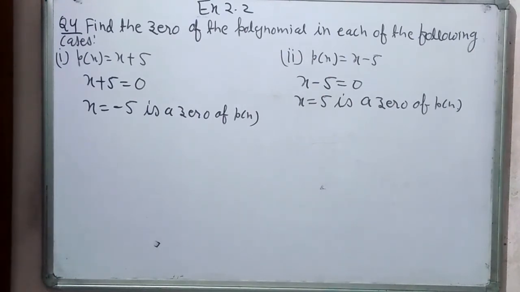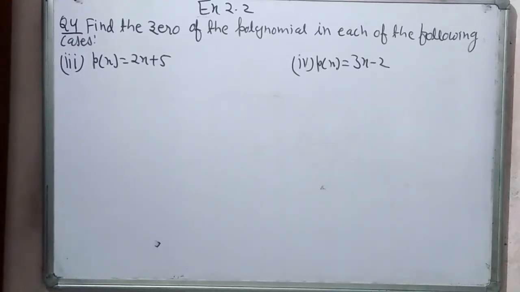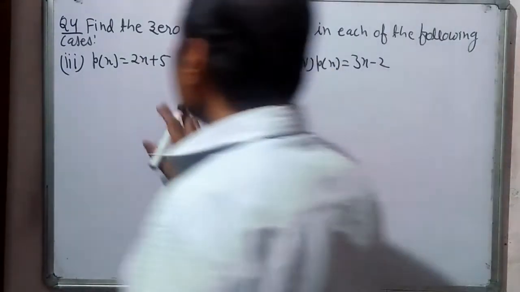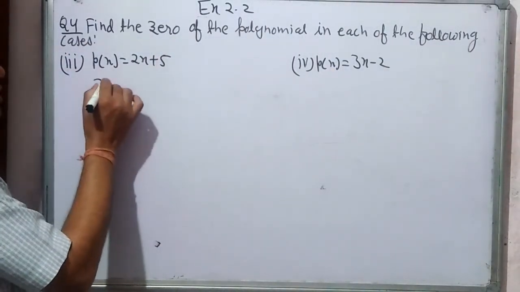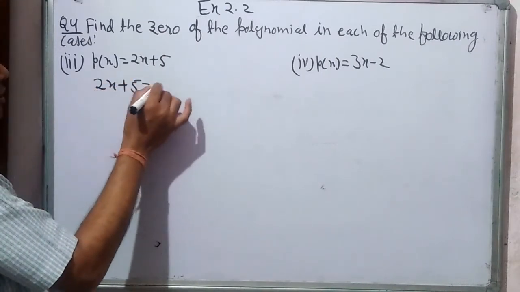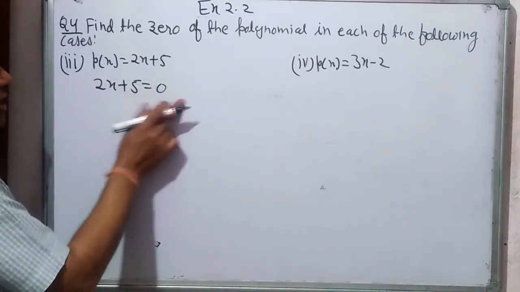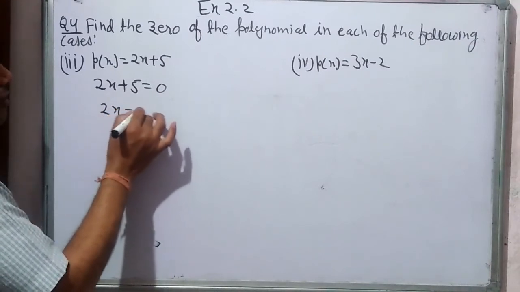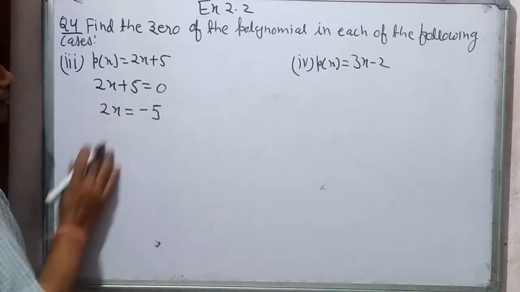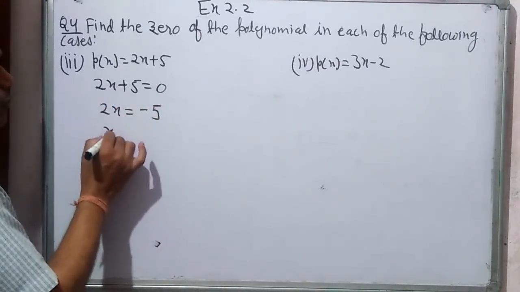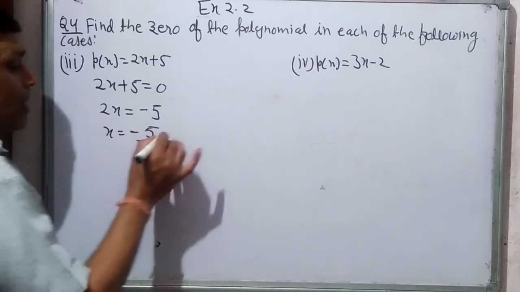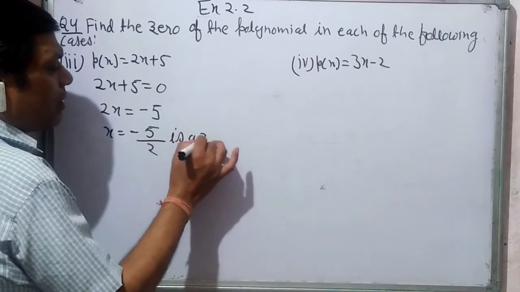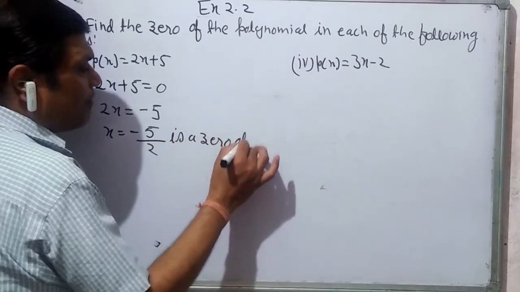of x. In the third part, we are given p(x) equals 2x plus 5. Let us equate this to 0. First, we have to transfer 5. We get 2x equals minus 5. Then we have to transfer 2. That is minus 5 divided by 2. This gives us a 0 of p(x).